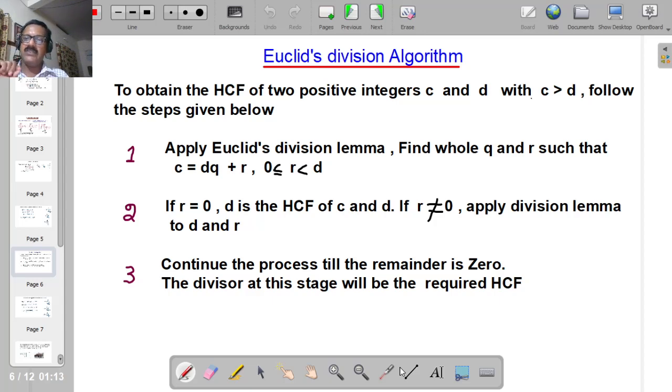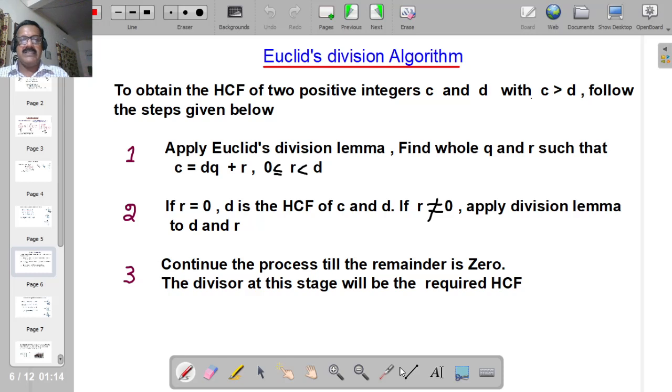If the remainder is not equal to 0, then we will again apply Euclid's division lemma to the present d and r, and we will continue this process till we get a stage in which the remainder is 0.